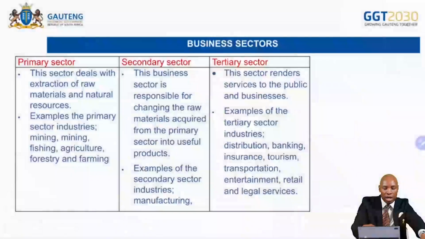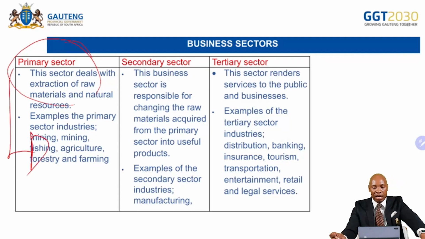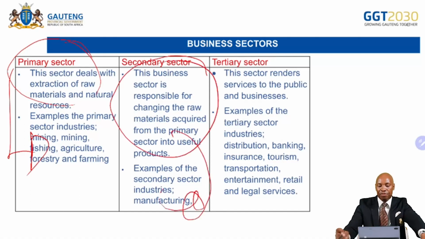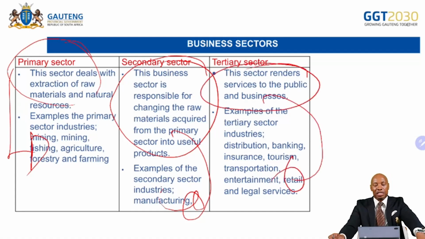Now, let's see. You need to know what is your primary sector and the examples of the primary sector. What is your secondary sector and the examples of the secondary sector? What is your tertiary sector and the examples of the tertiary sectors?